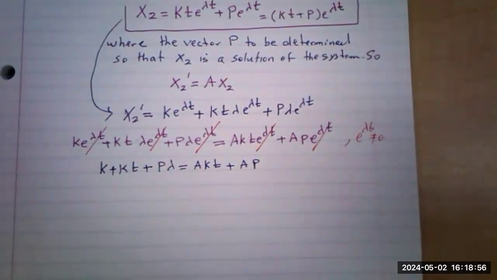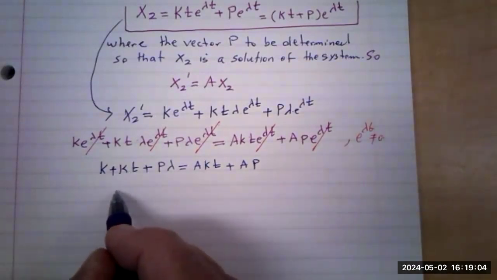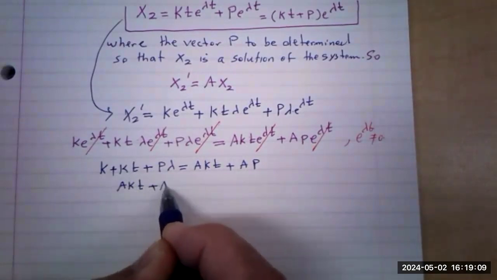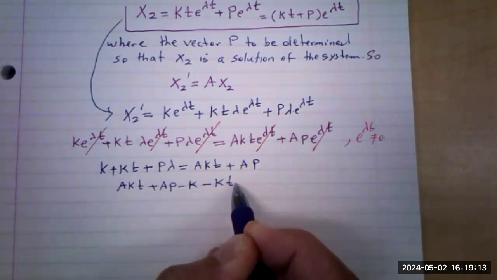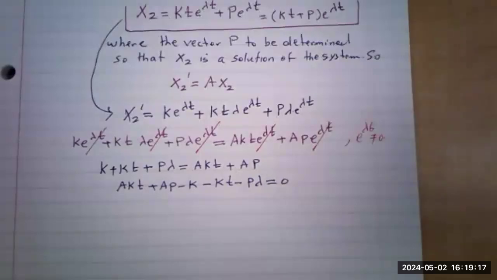Okay, this is going to be the leftover. So let's pull everything to one side of the equation. It doesn't matter the direction. So I'm going to have a k t plus a p minus k minus k t lambda minus p lambda equal to zero. Just move these to the other side.